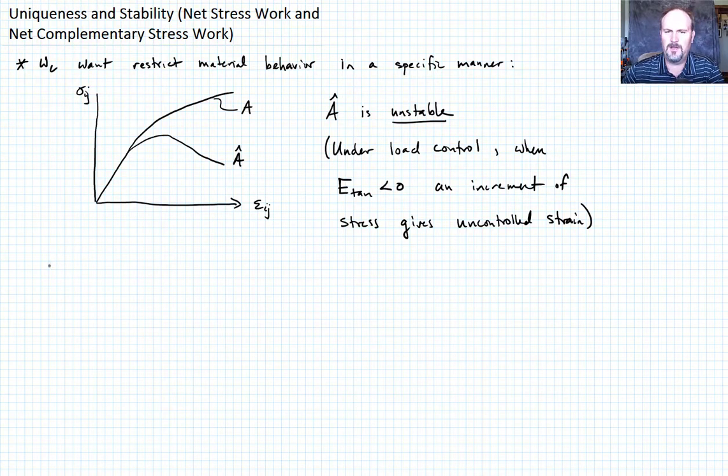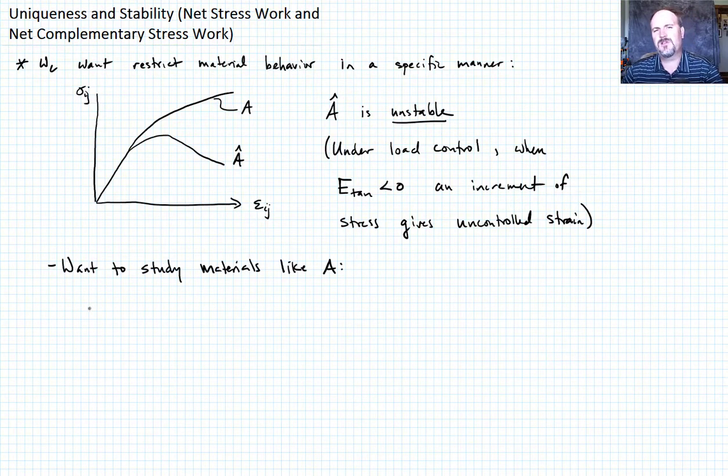So instead, we want to study materials that behave like A. So what distinguishes A from A hat in this case? What you could say is that the A hat has some component where the tangent modulus is less than 0, so a negative tangent modulus. But we typically write this in terms of the product of the stress increment and the strain increment that it gives.